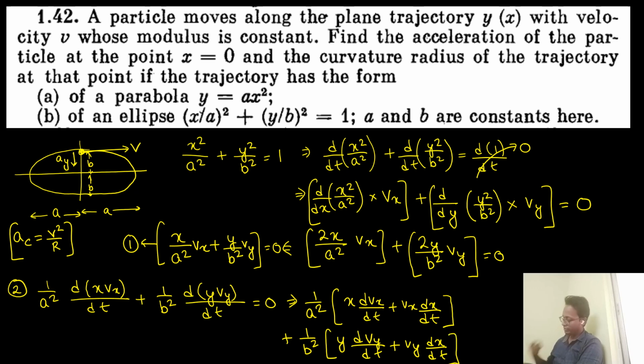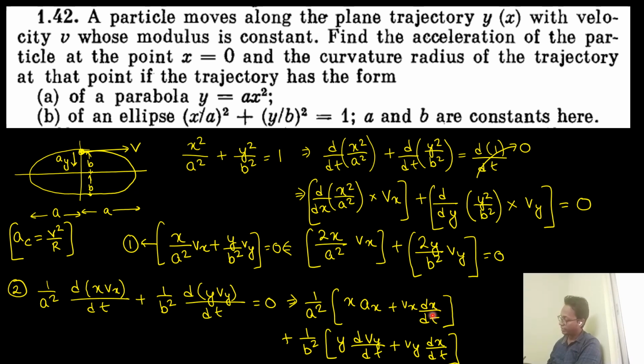Okay, so here, what is dvx by dt? It is nothing but acceleration in the x component, ax. Okay, this vx multiplied by dx by dt: dx by dt is nothing but vx only.